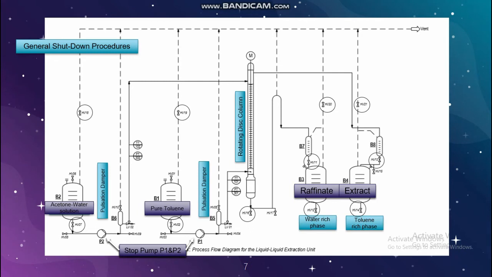Fourth, close valve 2, valve 7, valve 12, valve 14, valve 16, valve 18, and valve 19. And the last one is shut down the PC and turn off the main switch at the control panel.